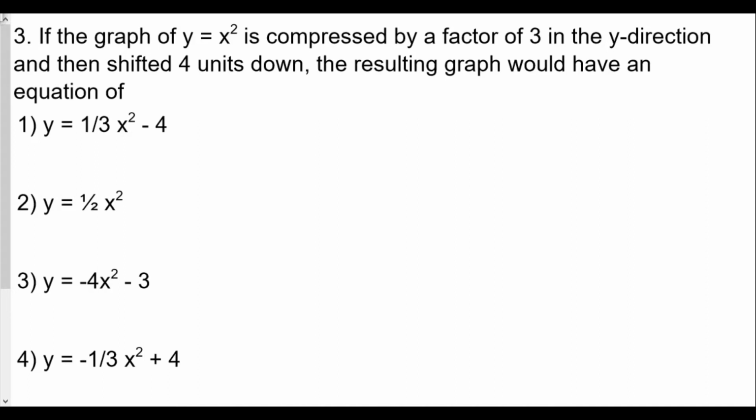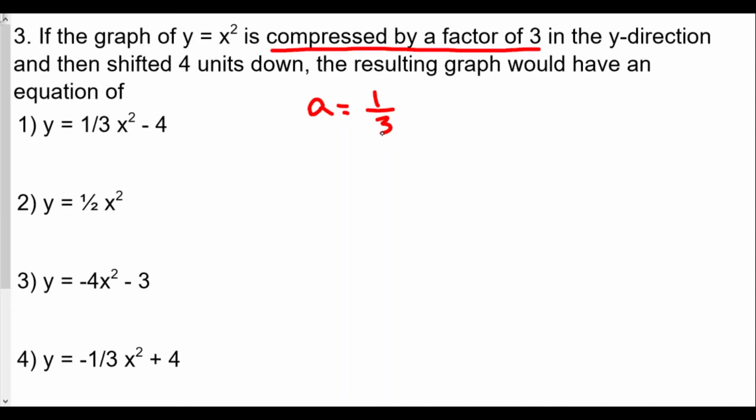So the value of the number multiplying the function would not be greater than 1. Actually, it would be between 0 and 1. So a compression by a factor of 3 really means our a value is going to be 1/3. Okay? Because in this case, it's taking 1/3 of the height of the function.